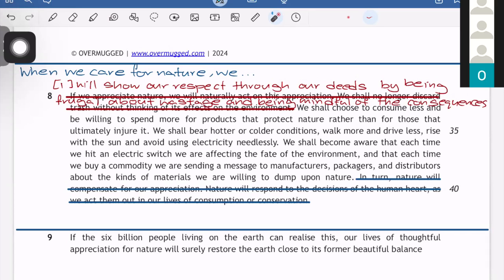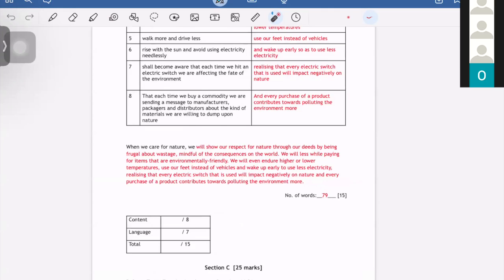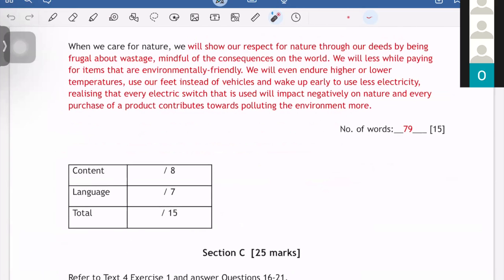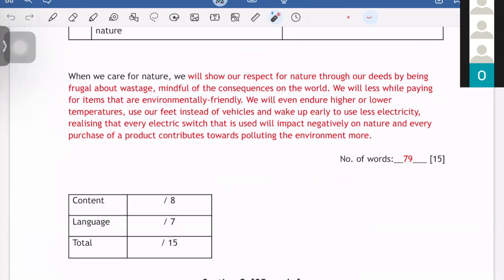I'm going to show you the answer for this section. You may take a picture of this before I show you the answers for the mock paper.